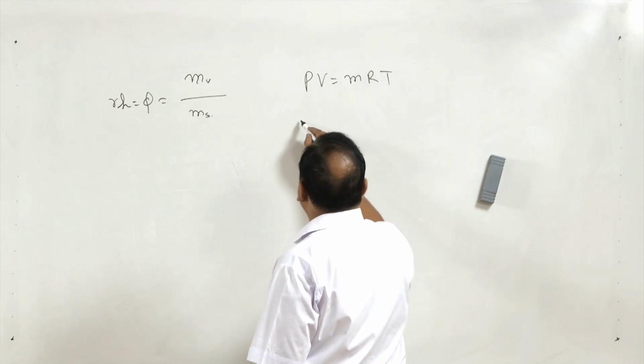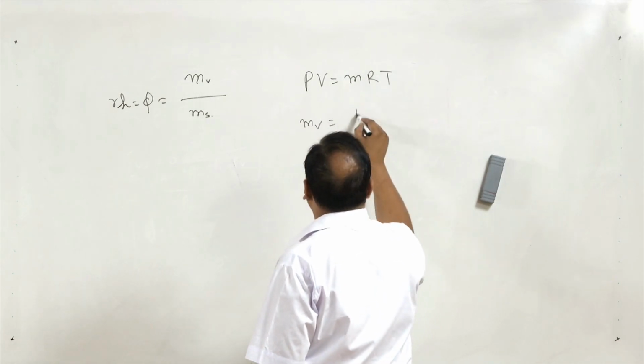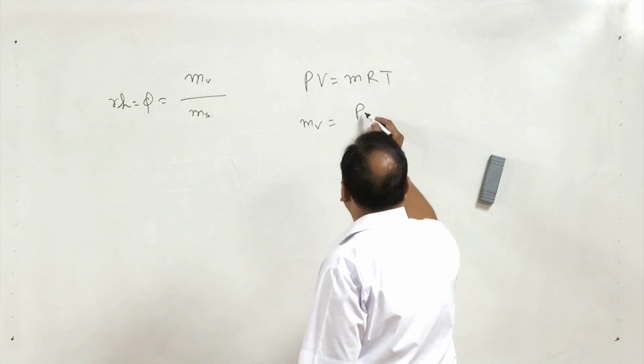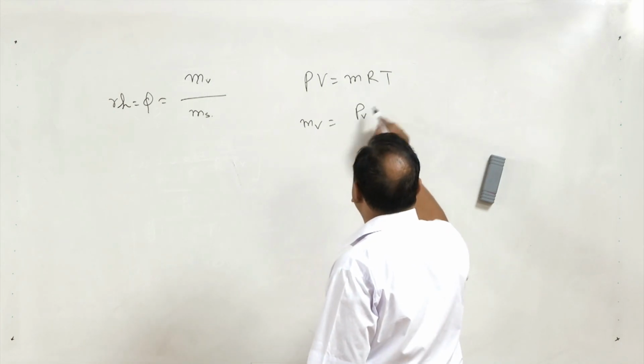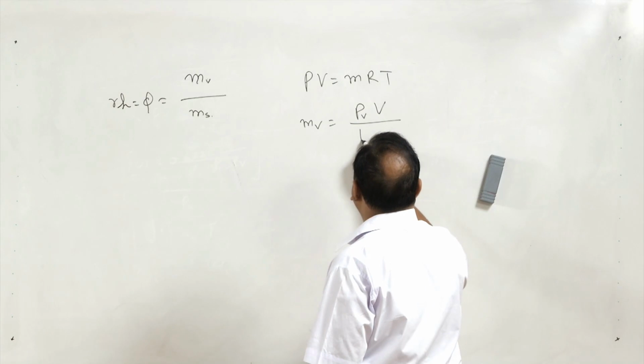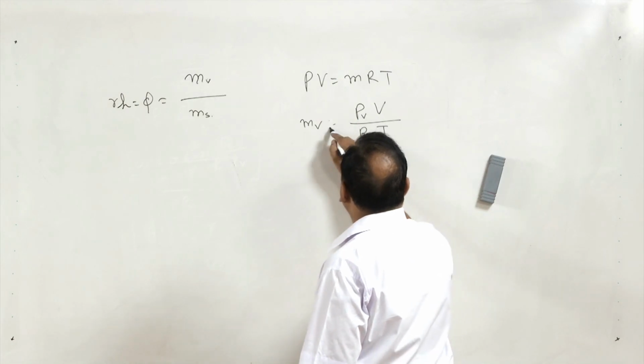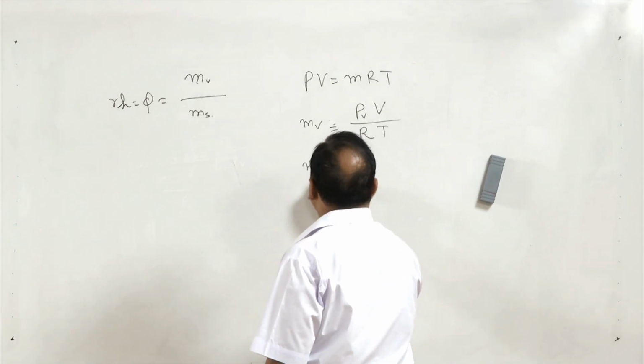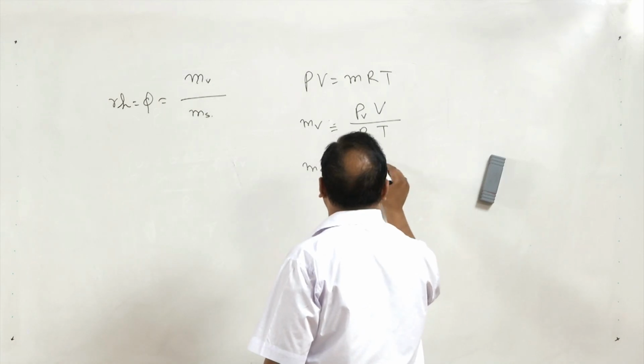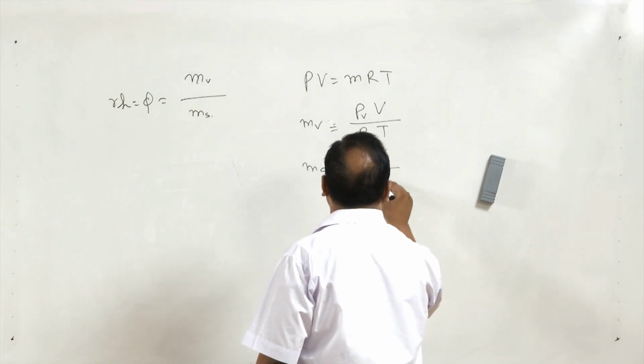So, MV is equal to pressure is same, pressure is PV, V, R is same, T is same, and MS is equal to PS V over RT.